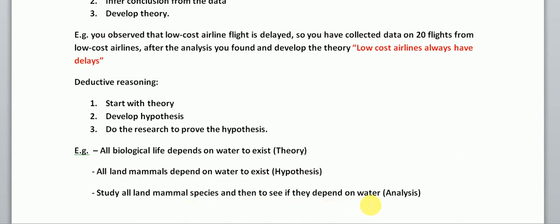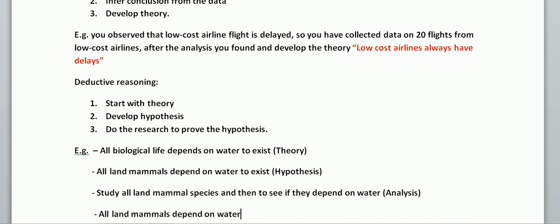Once you have got that all of them depended on water, your research, your analysis, then you are concluding that yes, all land mammals depend on water.